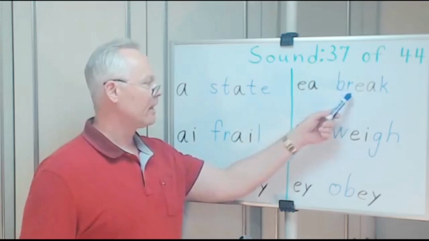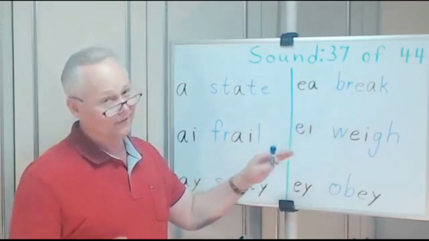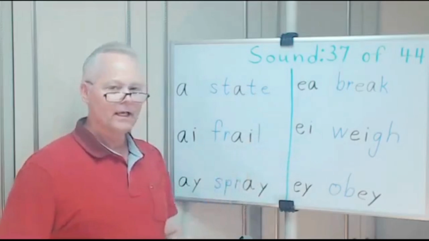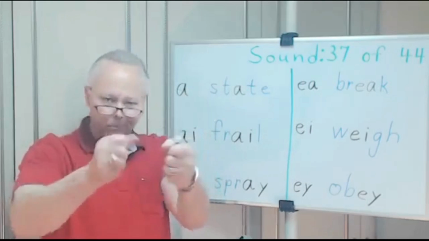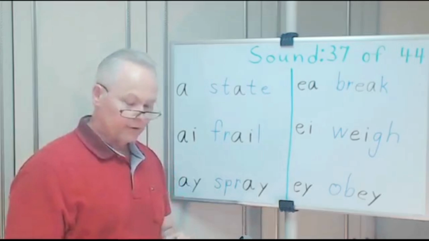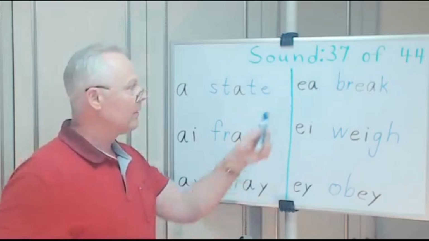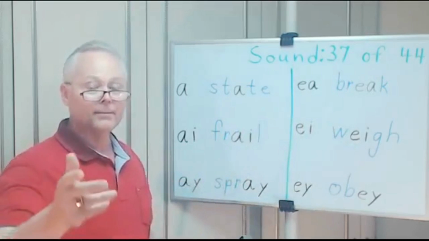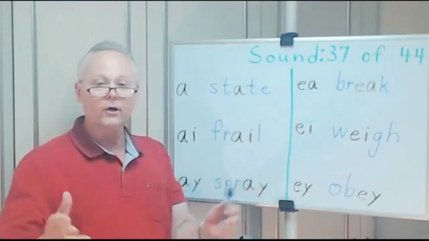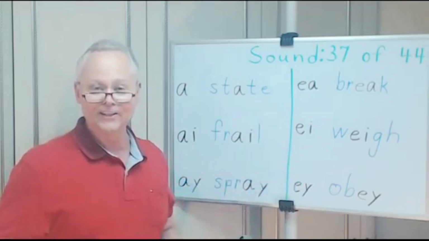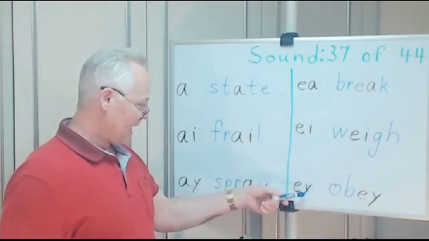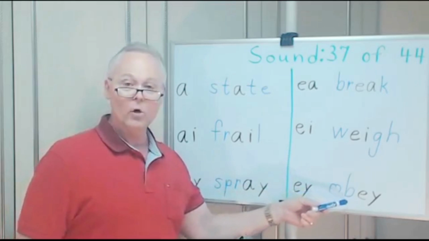EA. Break, we already mentioned, but I forgot to mention what break is. If we break something, it's no longer in good repair. We broke it. Break, to break. Perhaps a boy and girl break up as boyfriend and girlfriend. EY, we have obey.